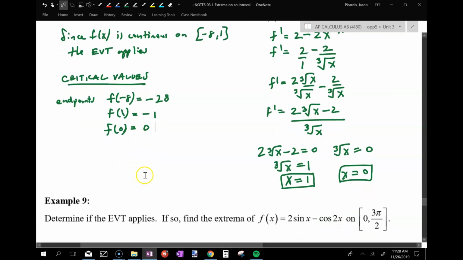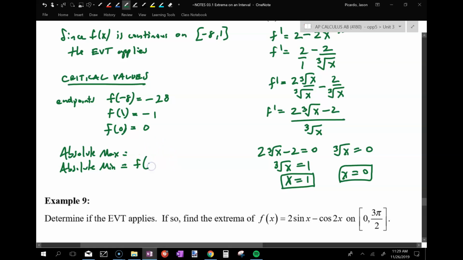So what do we know? Well, we know that we have an absolute max and an absolute min at, where's the min? F of 1 equals -1. And, oh, sorry, wrong one. Hang on.